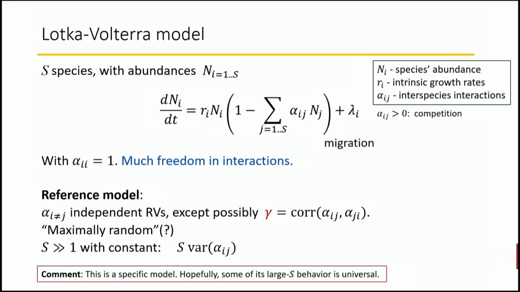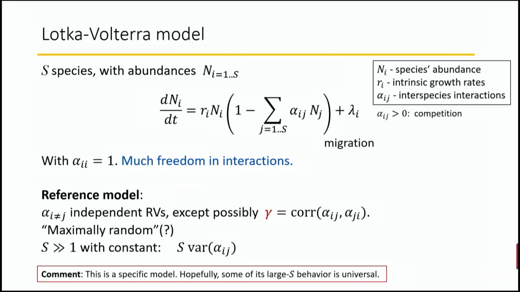And the only thing I do want to add is a level of symmetry, because I might want the effect of species I on species J to be correlated with the effect of species J on species I. For example, if I have competition and this competes with this strongly, then this competes with this strongly as well. So this gamma, which is the correlation of the two sides of the diagonal, I might want it to be positive, or I might want it to be negative if I want predator-prey interactions, and so on.